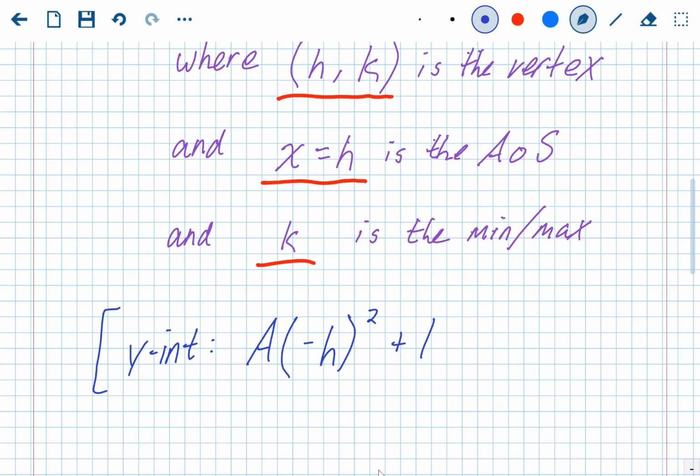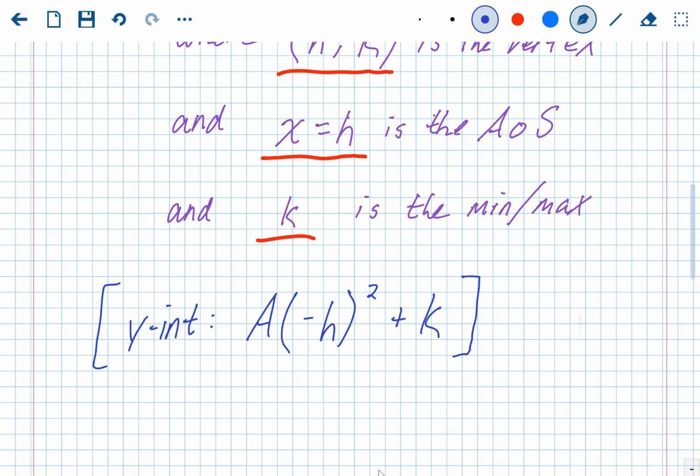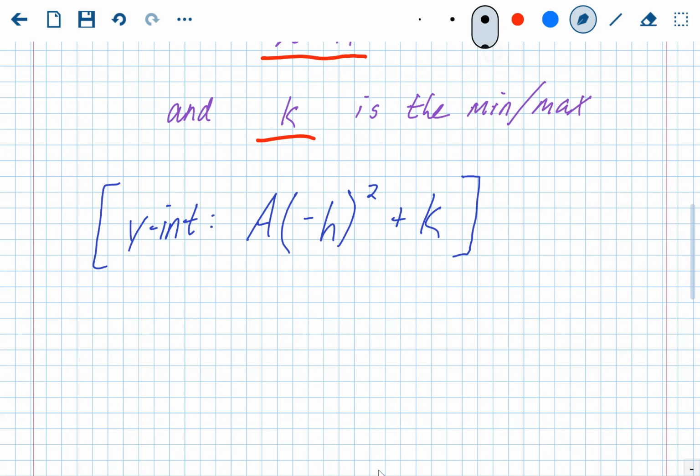Now, I wouldn't really memorize that or anything, but that's what the y-intercept would be. Now again, we're just normally going to plug in 0 for x and then solve. That's what it is.